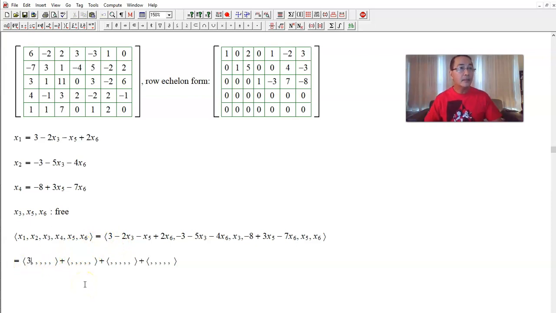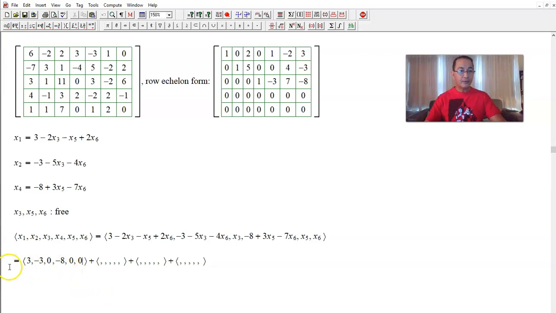So 3 goes in the first component, -3 in the second, and the -8 goes into the fourth component because that is from x4. So our x3 is 0 and our x4 is -8. And then the other two free variables are, of course, just zeros.